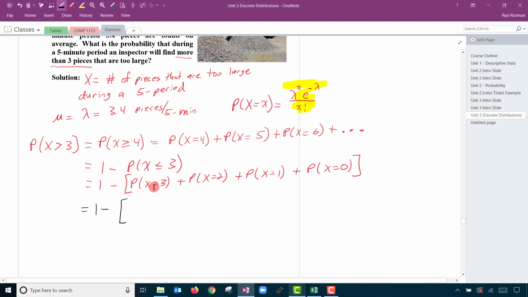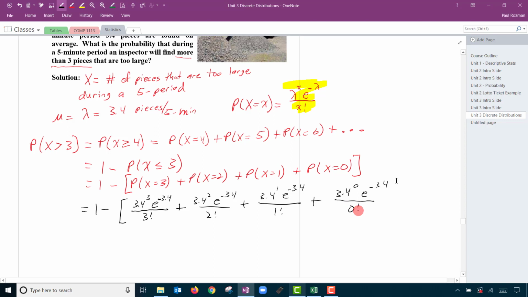So x is 3, our lambda is 3.4, and it's raised to the third power, then e to the negative 3.4 over 3 factorial. And then we do that for all of these. 3.4 squared, e to the minus 3.4 over 2 factorial, plus 3.4 to the first, e to the minus 3.4 over 1 factorial, plus 3.4 to the 0, e to the minus 3.4 over 0 factorial.